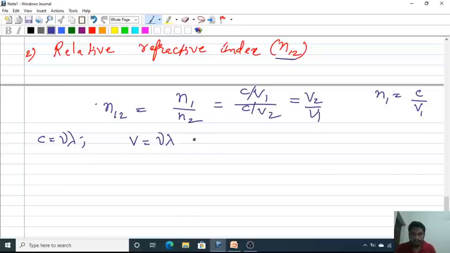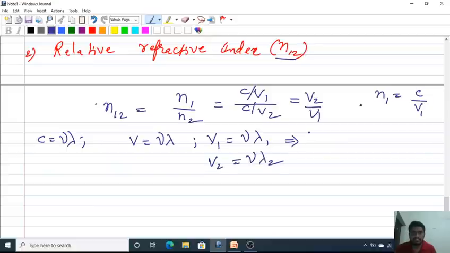Here, the frequency of light remains constant; it depends on the source, not on the medium. So in the first medium, v1 equals nu lambda 1, and v2 equals nu lambda 2.